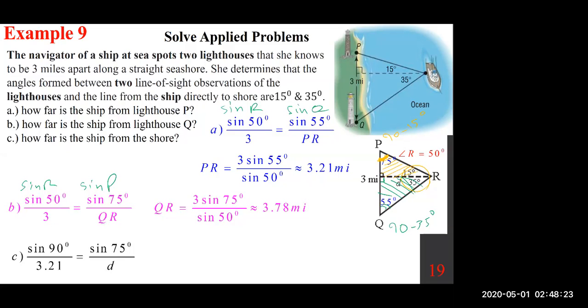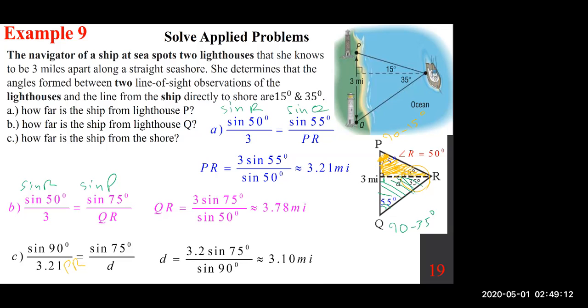You can use the sine law on the top one, class. Now sine of 90 over PR, so this is PR, and then sine of 75 over the distance that we are looking for. Cross product will give us the answer.